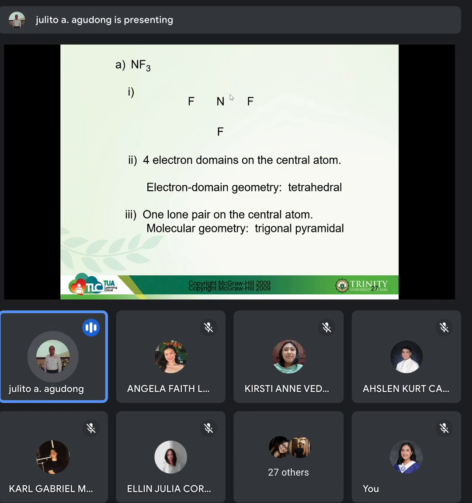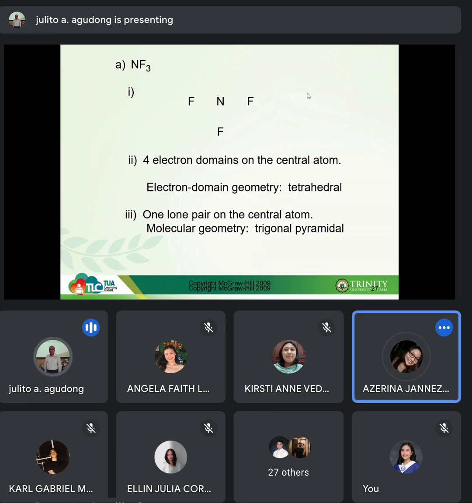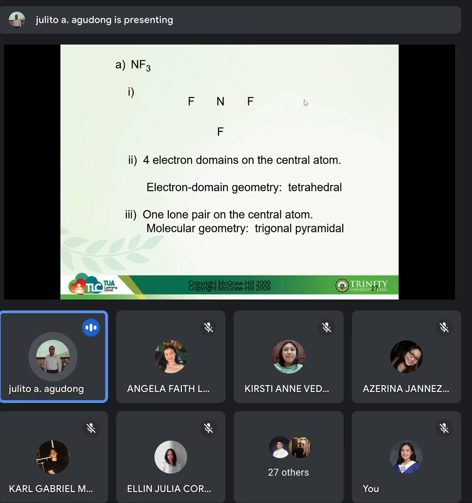Okay. So how many electron domains do you have for nitrogen? 4. Very good, 4 electron domains.